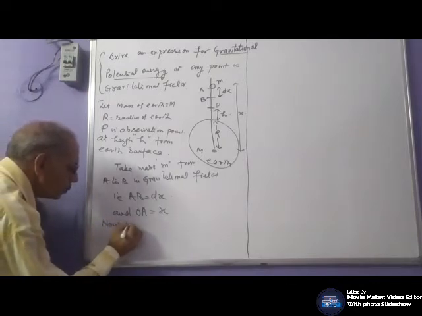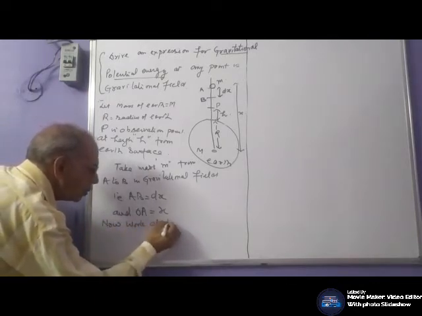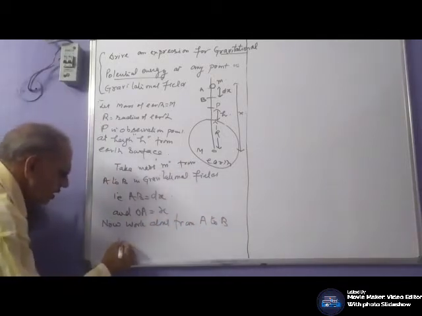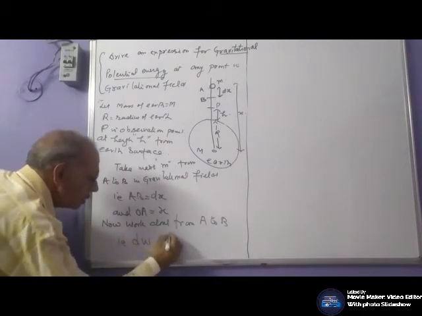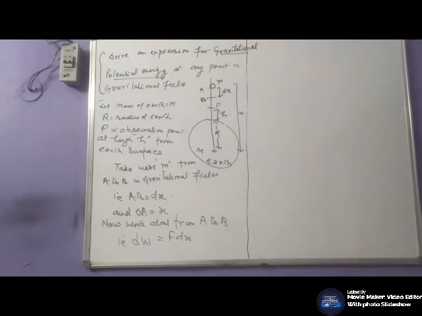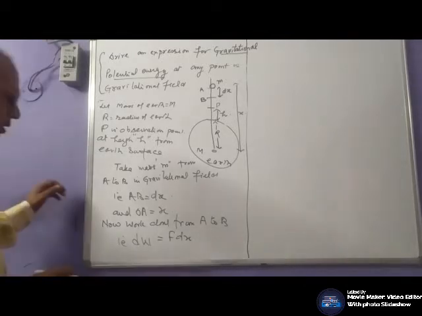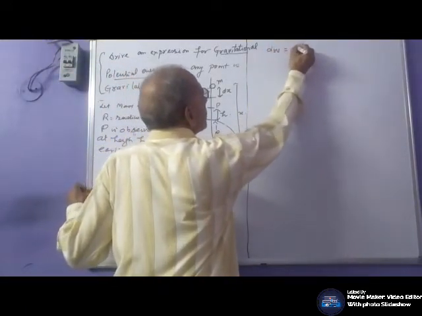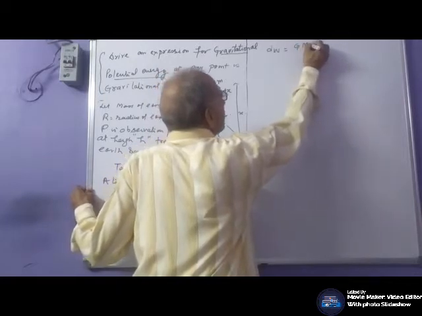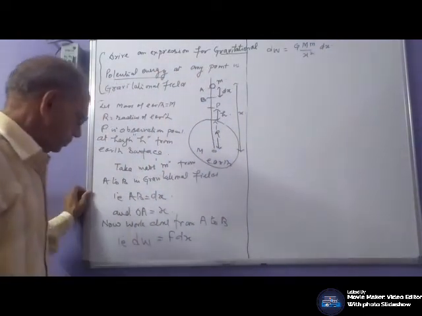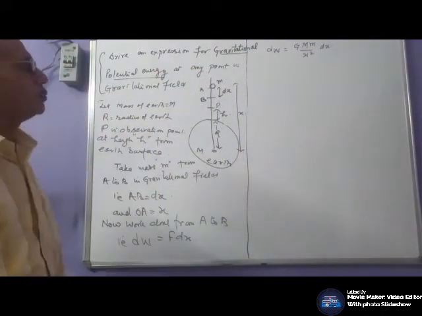Now the work done from A to B, that is dW equals F dx. Here F is GMm by x square, into dx. This is F at this point.